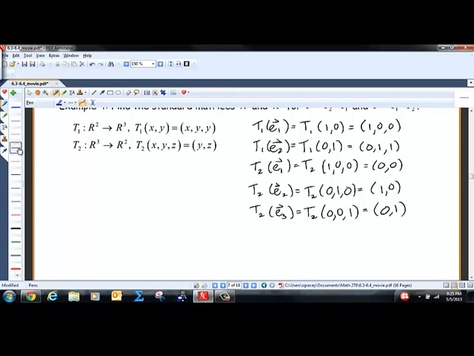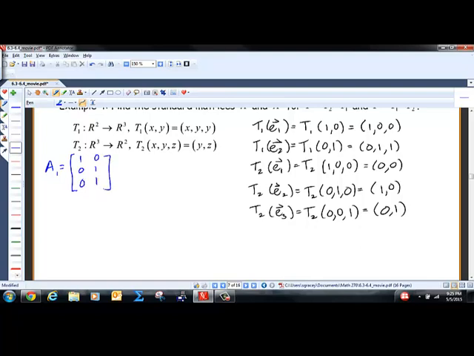So based on that, A1 is going to be what? What do you think? Standard matrix. Good. It's going to be the column vectors that we had found. So this one had (1, 0, 0) and then (0, 1, 1).